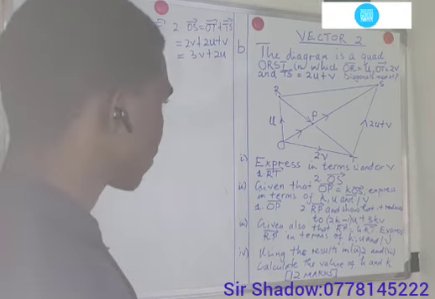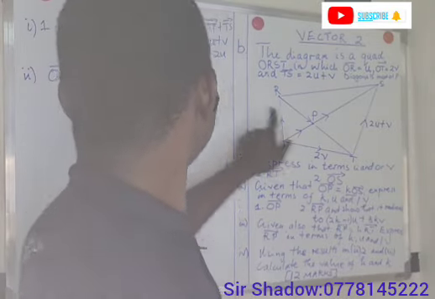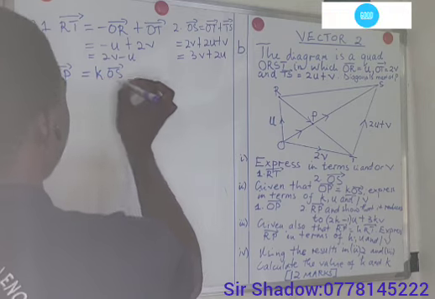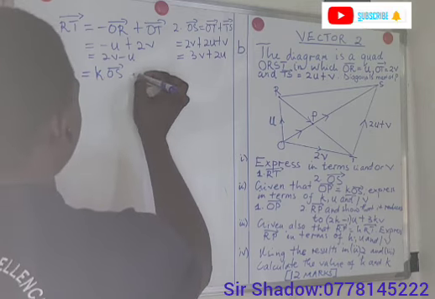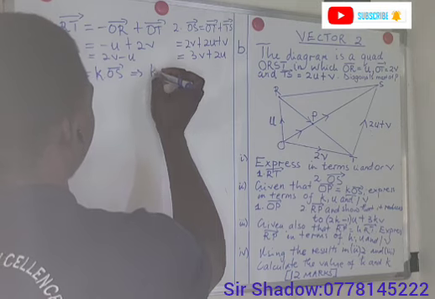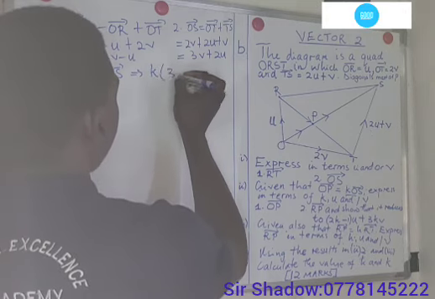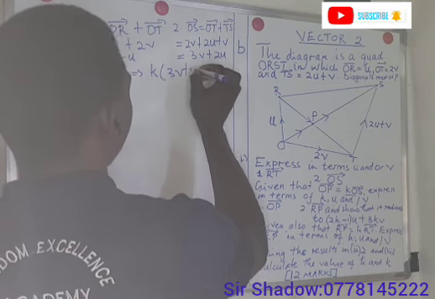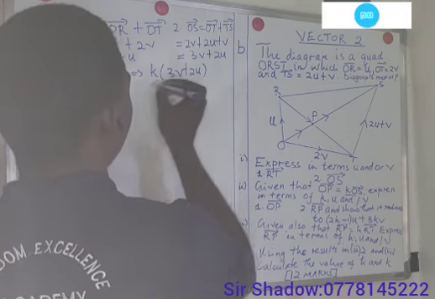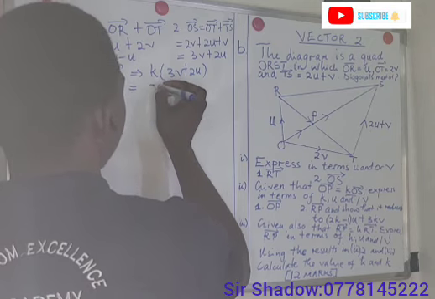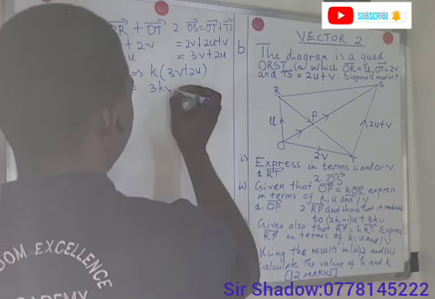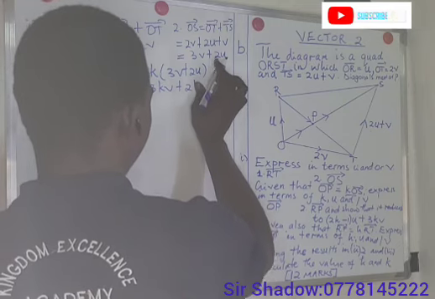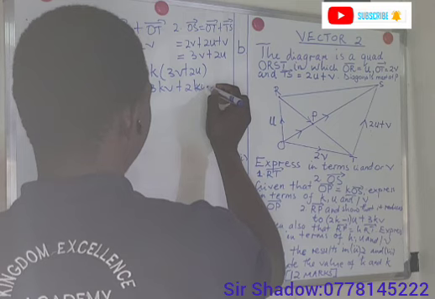But we already have the vector OS, which is 3v plus 2u, which is equal to 3kv plus 2ku.